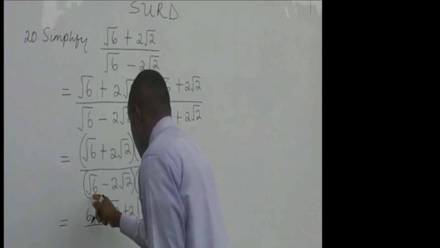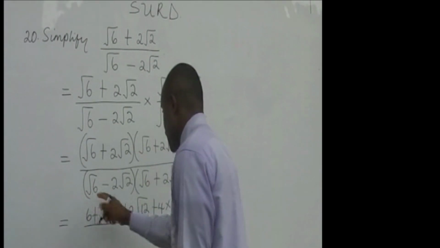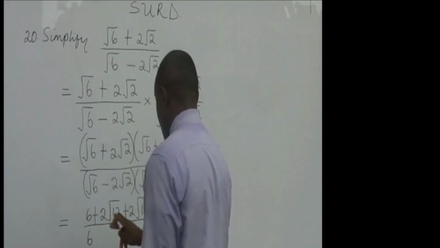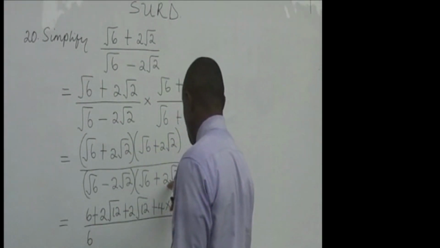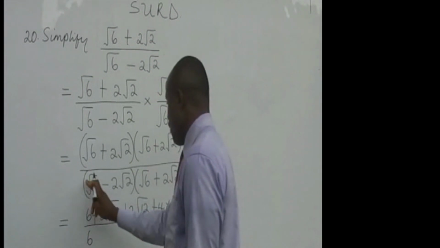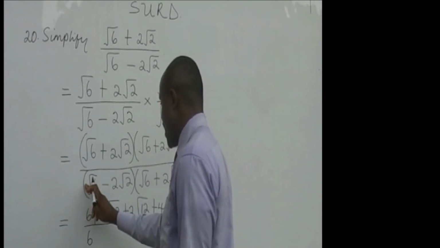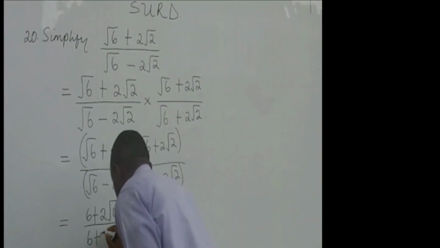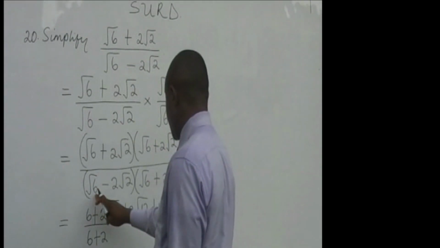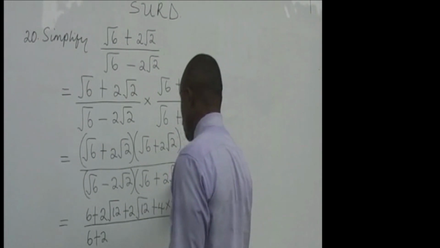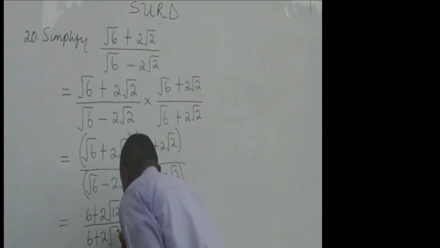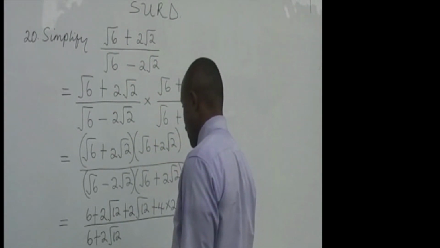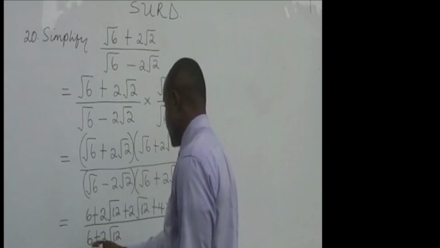All over root 6 times root 6, the first times the first will give you 6. Root 6 times 2 root 2. Remember, the invisible one in front of root 6 that made it 1 root 6 times plus 2 will give you plus 2. Then root 6 times root 2 will give you root 12. Okay, we'll multiply the first and the first to get this.